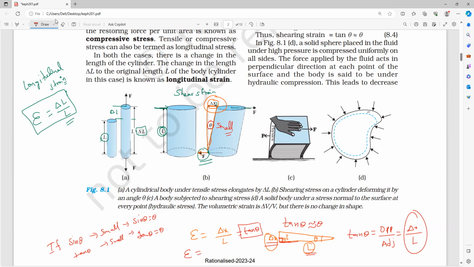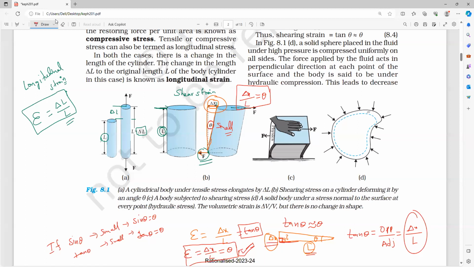So epsilon is equals to delta x by L, which is equals to theta. That is what we call shear strain. So shear strain is equals to delta x divided by L, which is equals to theta. This is the formula. Please learn it. Have you all understood, everybody?